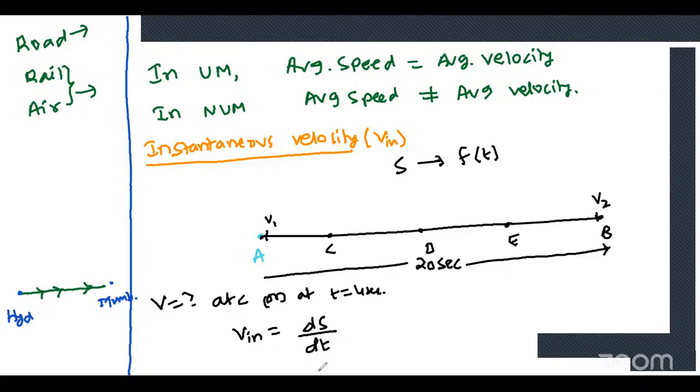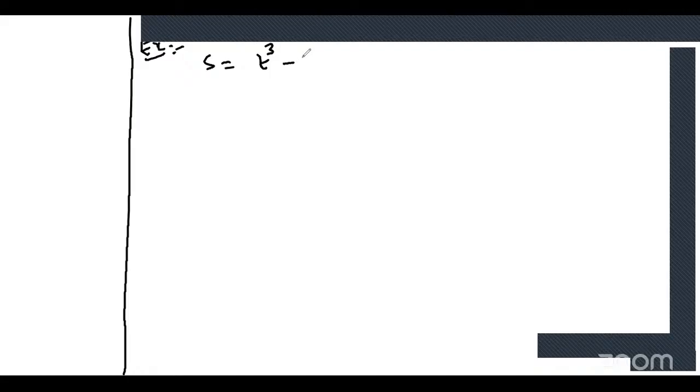Suppose, for example, displacement is varying as a function of time as t cube minus 2t square plus 5t minus 10 meters. Find the instantaneous velocity at t equal to 2 seconds.